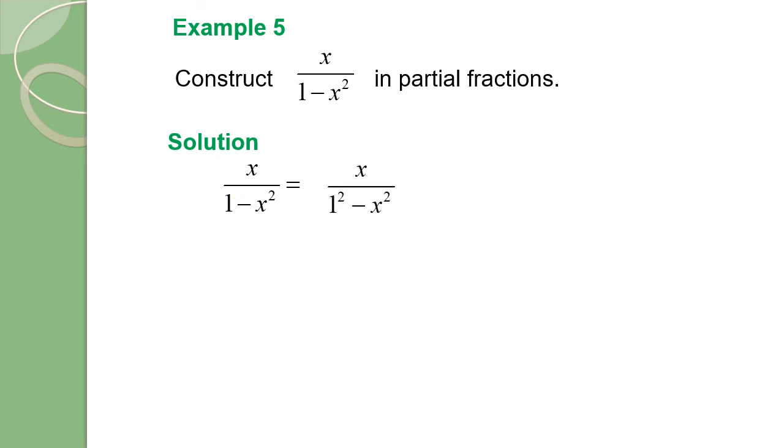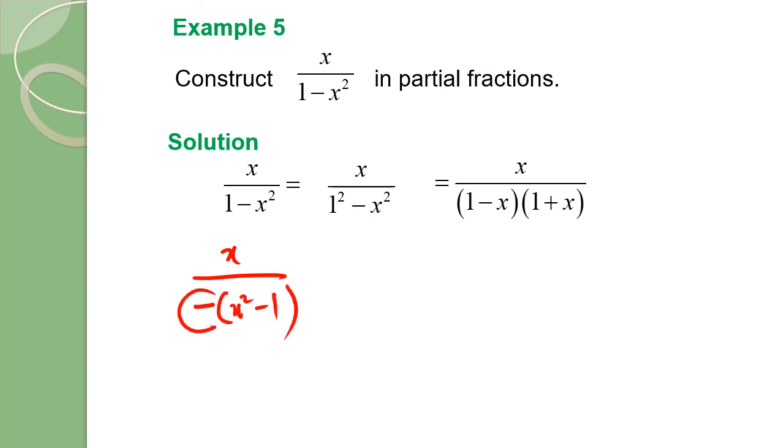Now this is in the form of a squared minus b squared. So x over 1 minus x squared can be written as x over 1 minus x, 1 plus x. Another method, if you want to make sure you do not make a mistake, you can factorize the negative. If you factorize the negative, the x squared will be positive and the 1 will be negative.